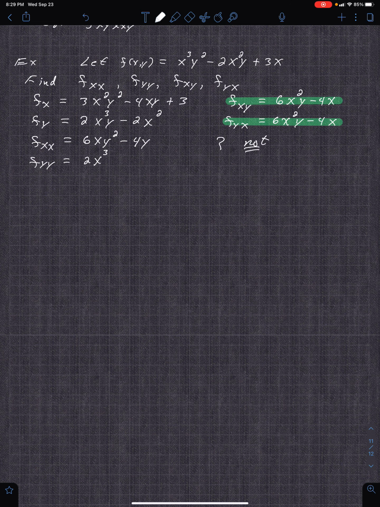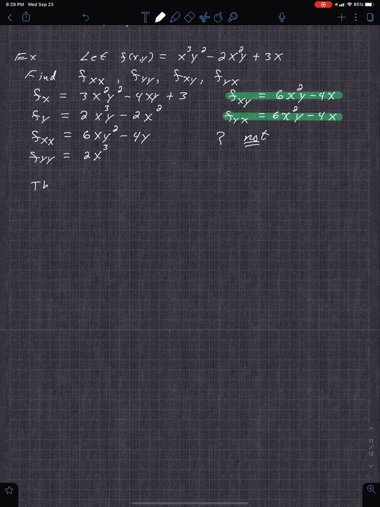That happens all the time if you have continuous partials. So there's a theorem that states, there's a bunch of ways to define it, but basically the way it's stated is continuous mixed partials are equal for any order. So that's the way I like to think of it.